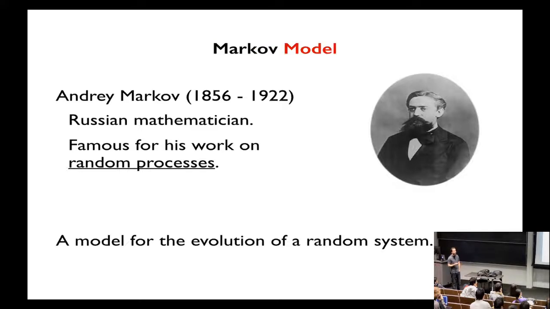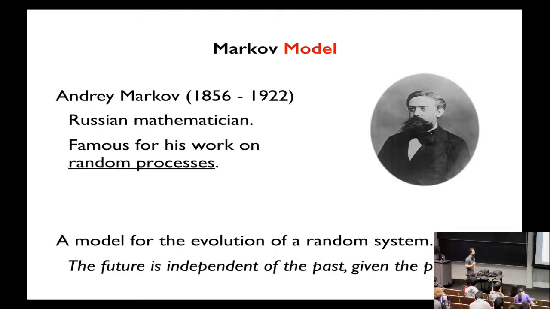So the model that we are going to discuss today is a model for the evolution of a random system. It's going to be a very general model. The only requirement that we have is the following. The future is independent of the past given the present. Okay? So that's the random model that we're after.